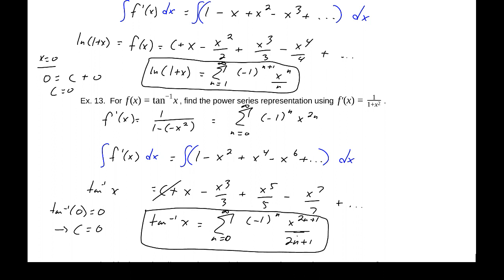Okay. And there we are. And I should probably note this is valid for absolute value of x less than 1, because going back here, this was for absolute value of negative x squared being less than 1, which is equivalent to the absolute value of x being less than 1. So since they are valid on the same interval, there we go.